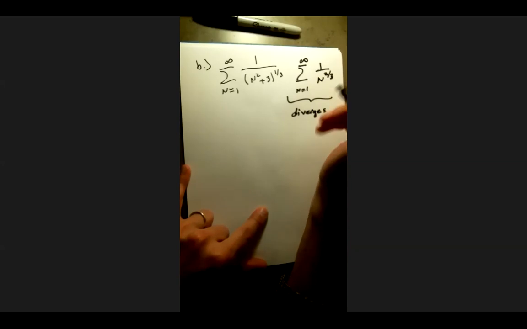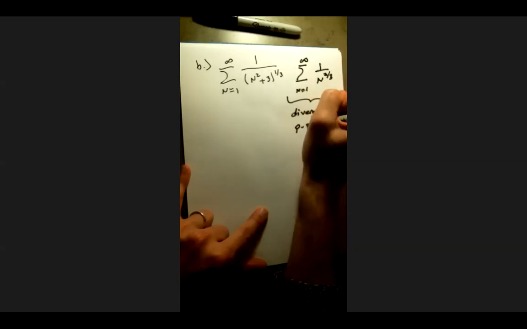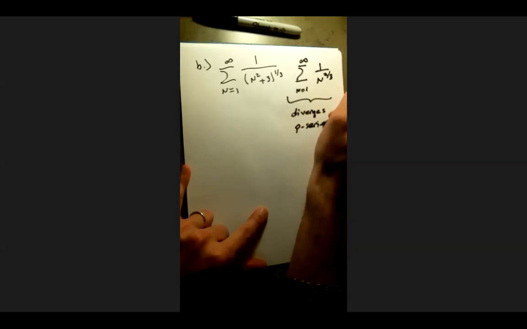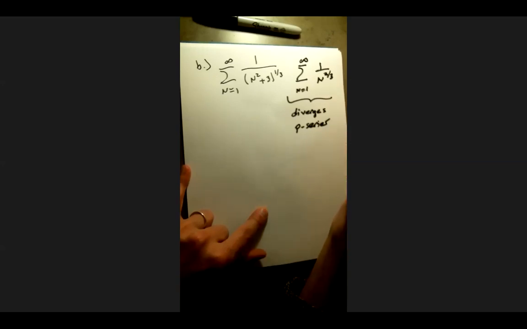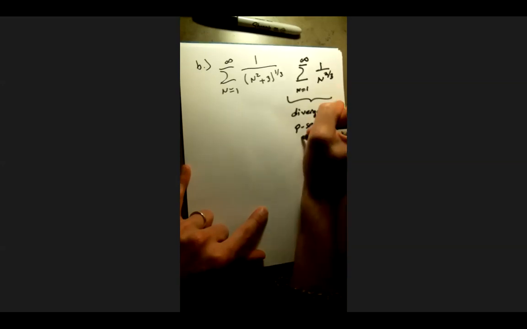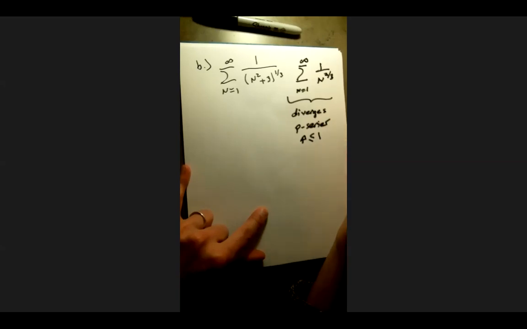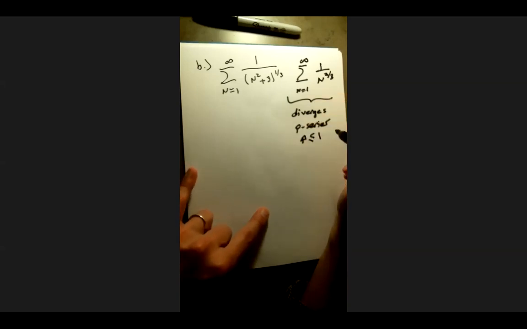It's a P series. And when does the P series converge? When P is greater than 1. So in this case, we have P less than or equal to 1. That makes sense? So that's why it diverges.